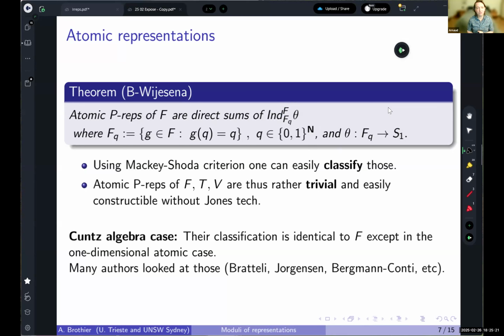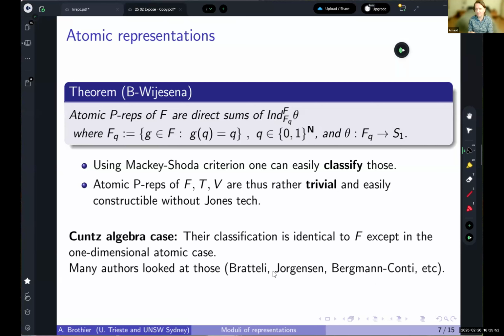You can just use Mackey-Shoda theory, which is, I don't know when it is. I guess it's the 50s. But maybe I'm going too much in time. No, I think it's the 50s. And so you could create them and classify them without all this technology. Like this technology does not justify such stuff. One thing interesting is that many people look at atomic representations for the Cuntz algebra: Bratteli, Jorgensen, Bergmann, Cuntz.